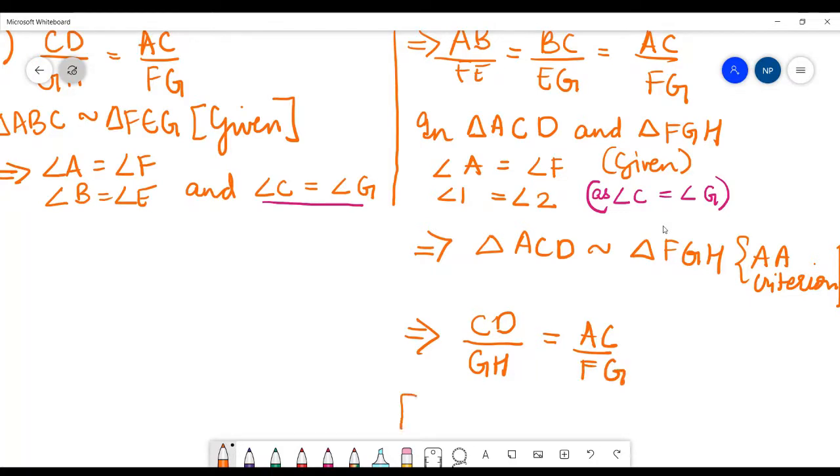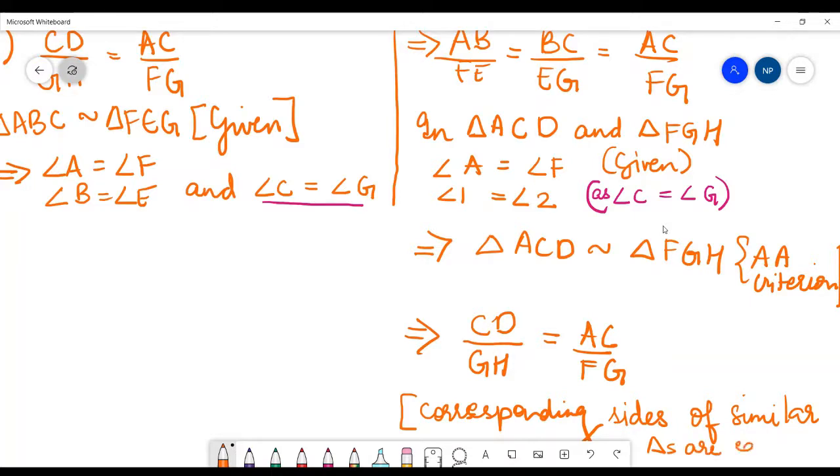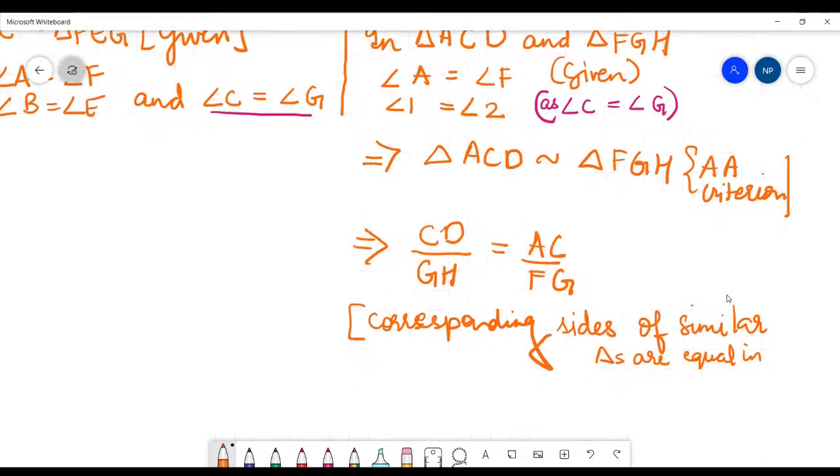Here also we are going to write the reason: corresponding sides of similar triangles are equal in proportion, or equal in ratio.